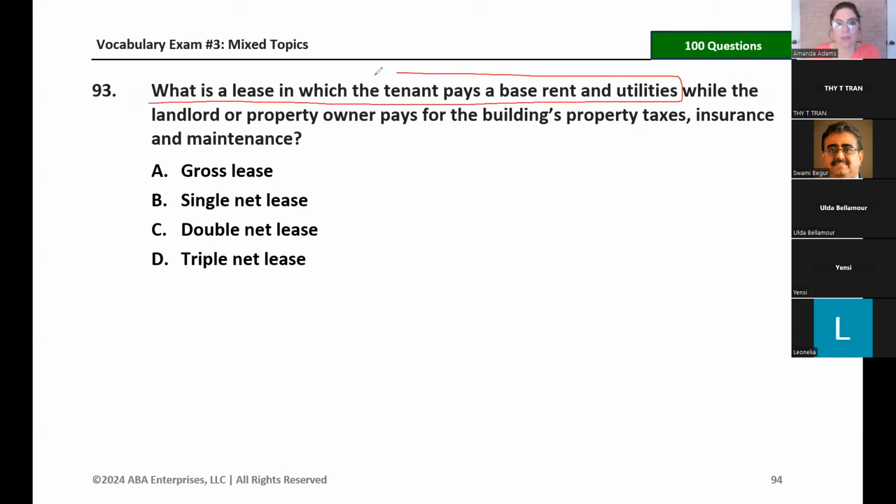This is what the tenant is paying, while the landlord pays the property's taxes, insurance, and maintenance. So our tenant is only paying base rent and utilities. That's a gross lease. All right, just be careful when you read these questions, okay? They can make them tricky. And it sounds easy, right? It sounds simple till you read it again. You're like, oh, wait a minute.